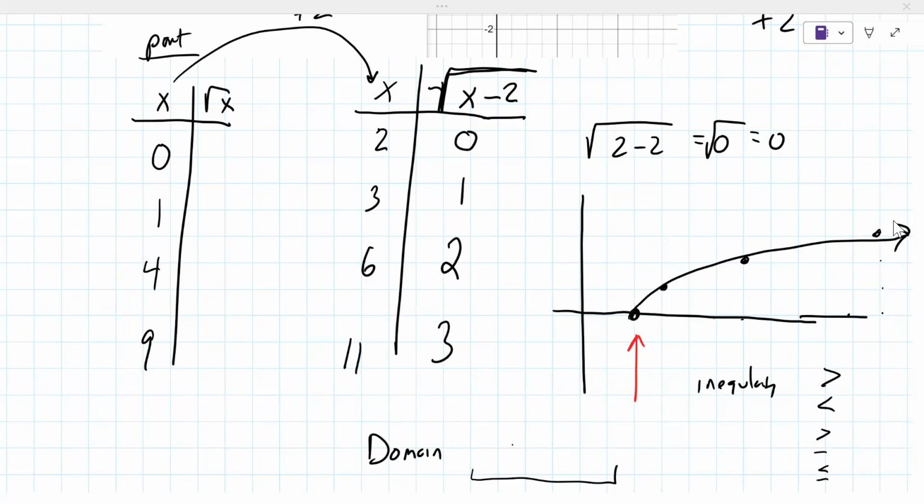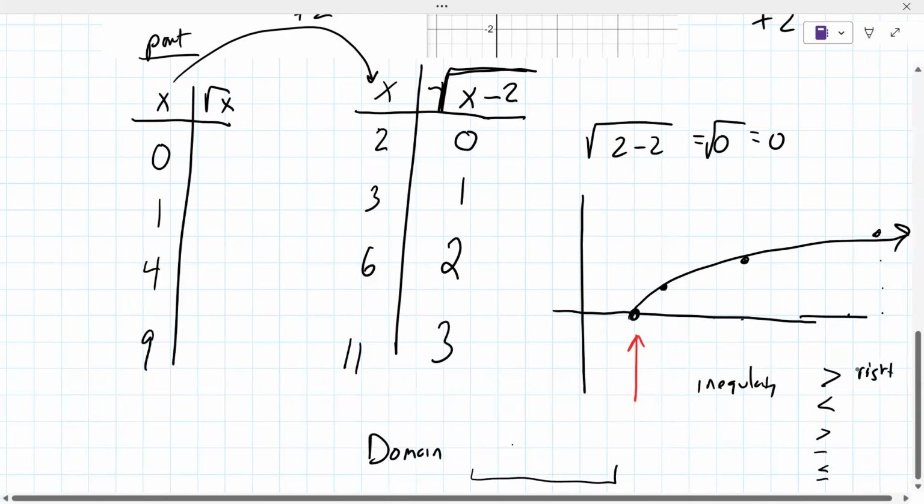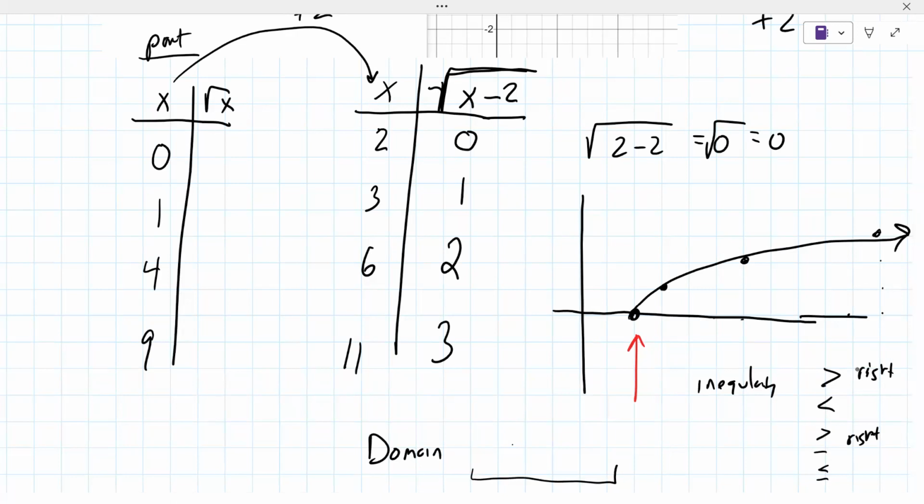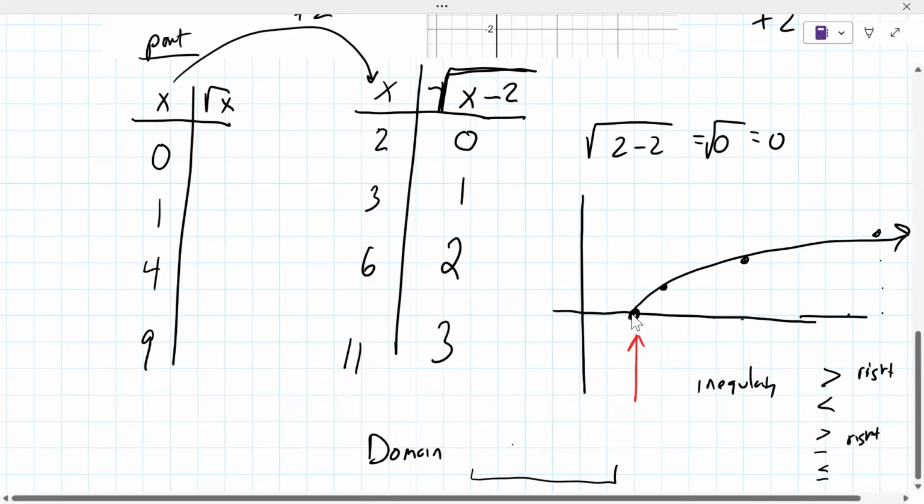So to the right is greater than, less than, greater than or equal to, less than or equal to. Which one is to the right? Greater than. Okay, could be that one. It's equal to if it includes that point there.